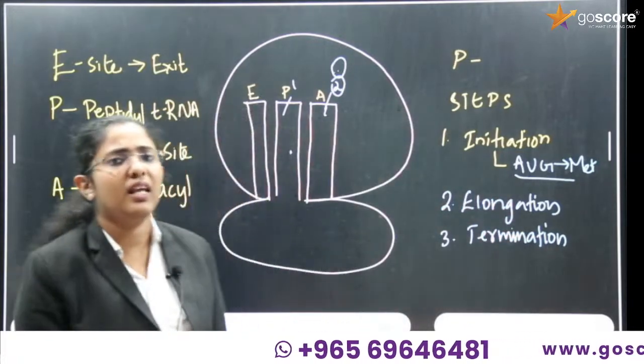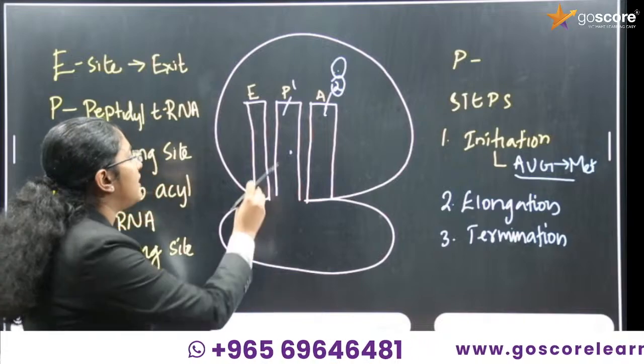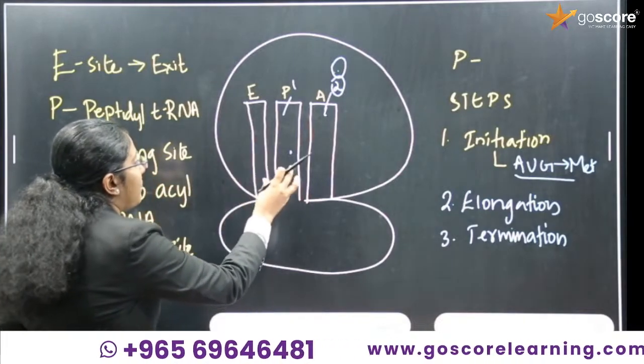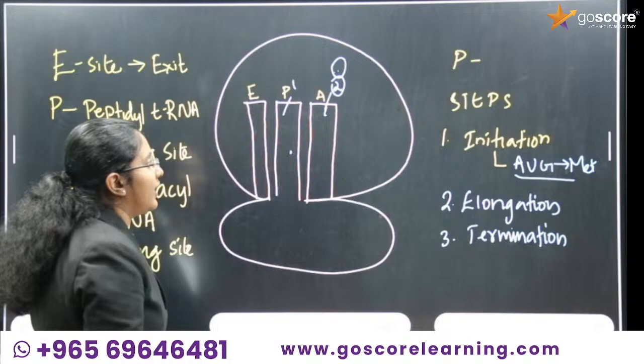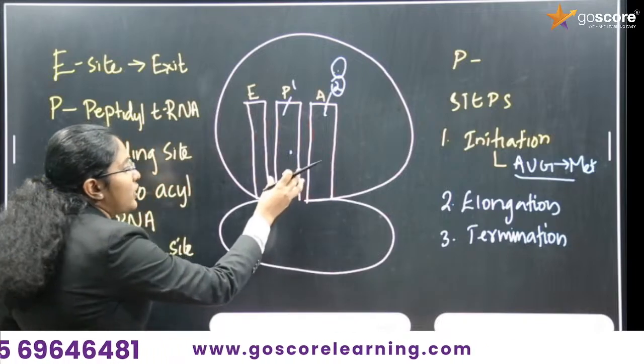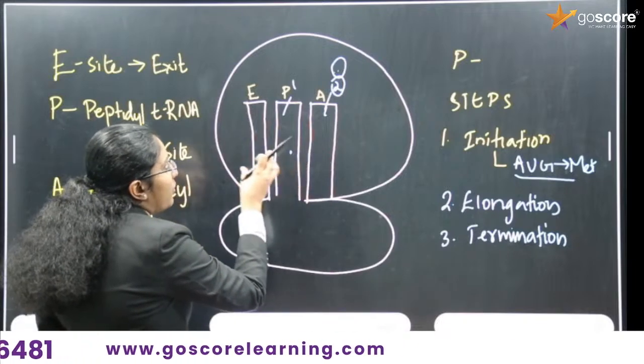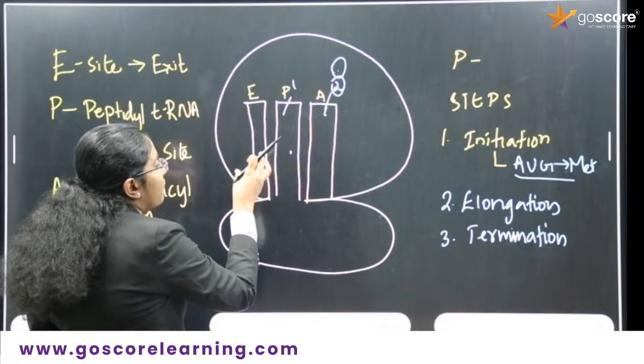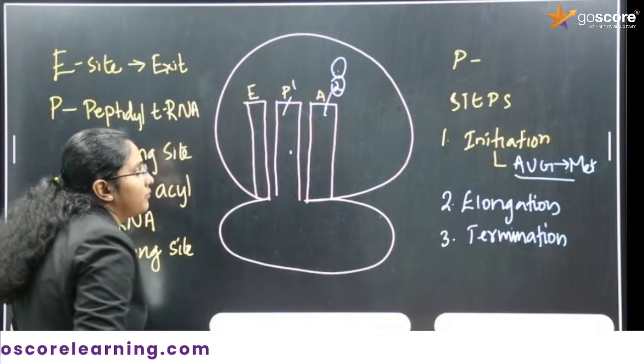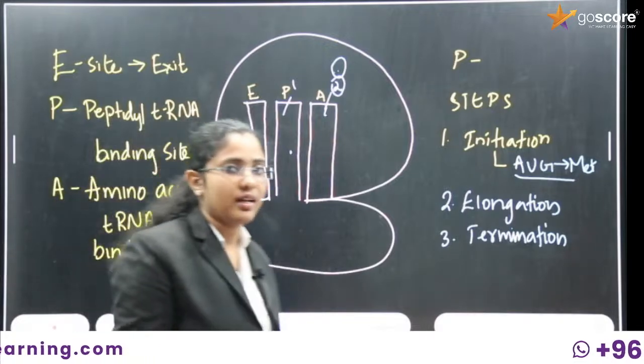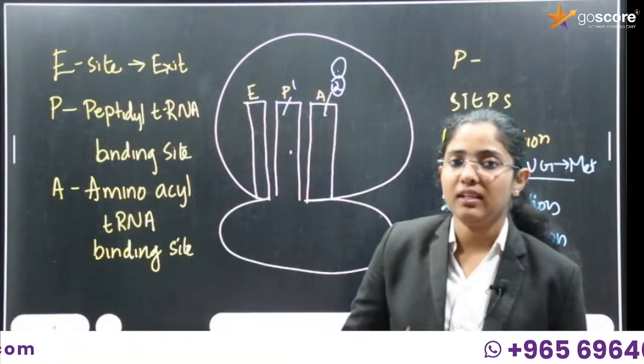What is the meaning of exit site? The tRNA which was present in the P site will move to the E site, and from the E site it will move out of the ribosomal structure. So we can say these are the steps.